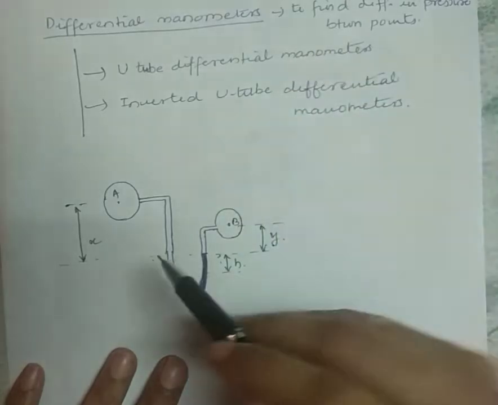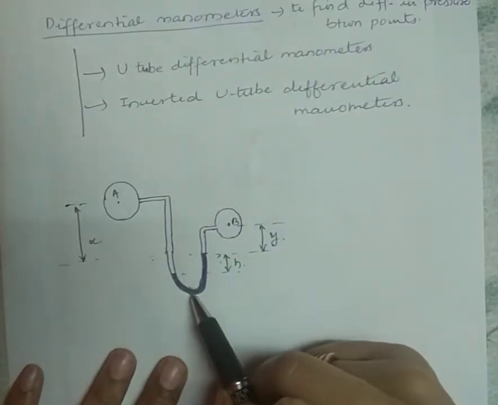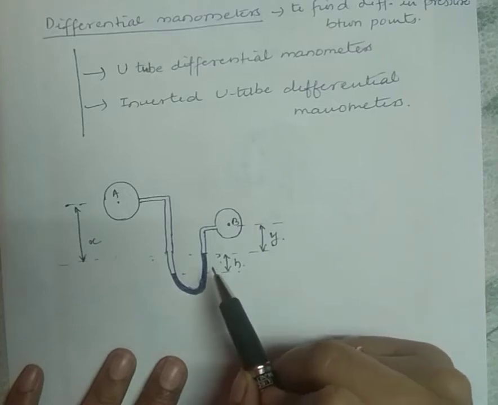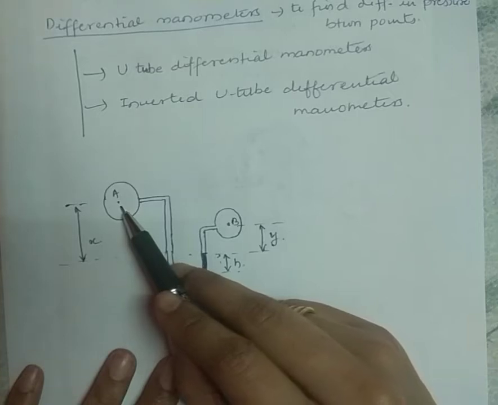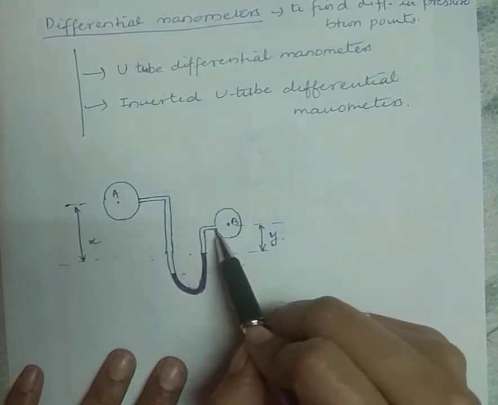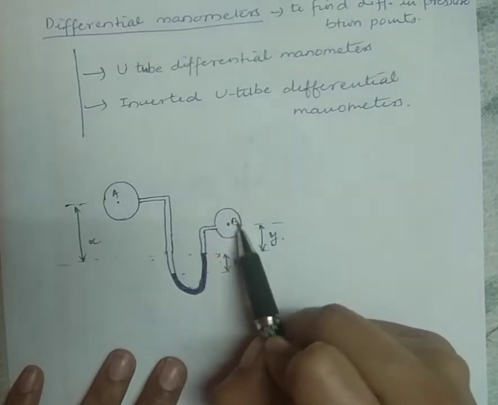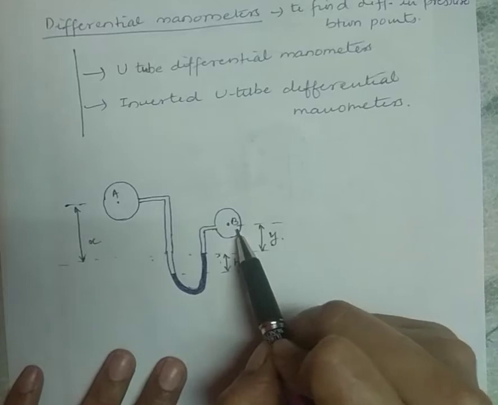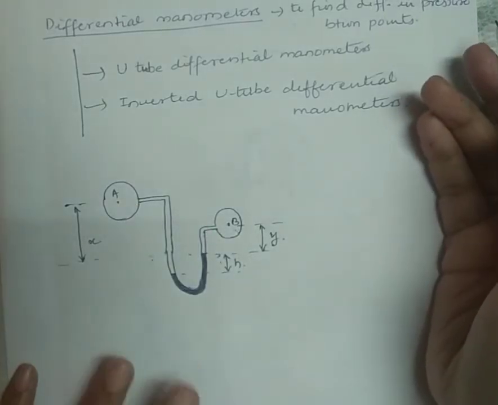For a definition, I can say that in the U-tube differential manometer, one end is connected to a point in one pipe with a liquid, and the other end is connected to another pipe having another liquid, to find the difference between points A and B. I hope this is clear.